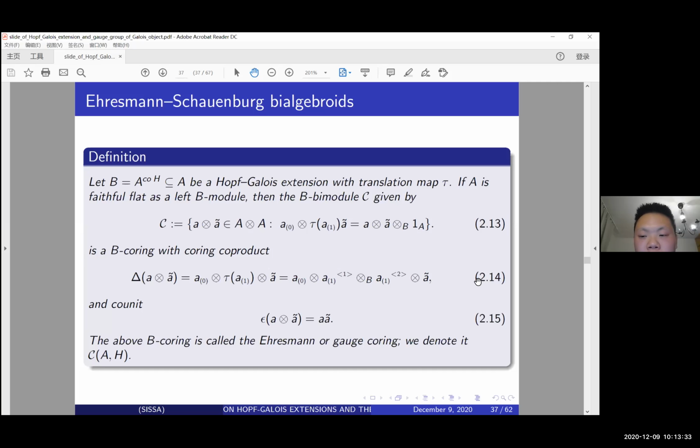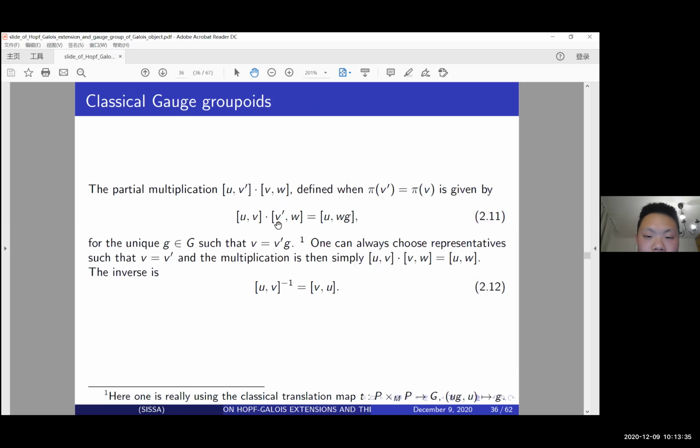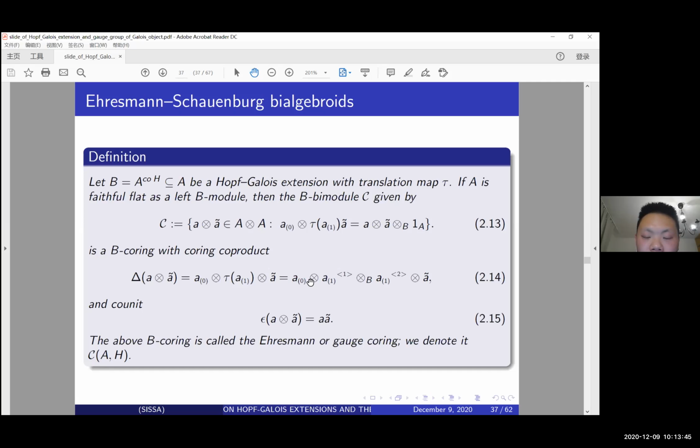And this 2.14 is due to the product given by 2.11, since there we need the translation map in calculating the g. And here we also need the translation map in the dual case. And the counit is given by 2.15, that is just a multiplication of A and Ã. And this coring is called the Ehresmann or gauge coring.